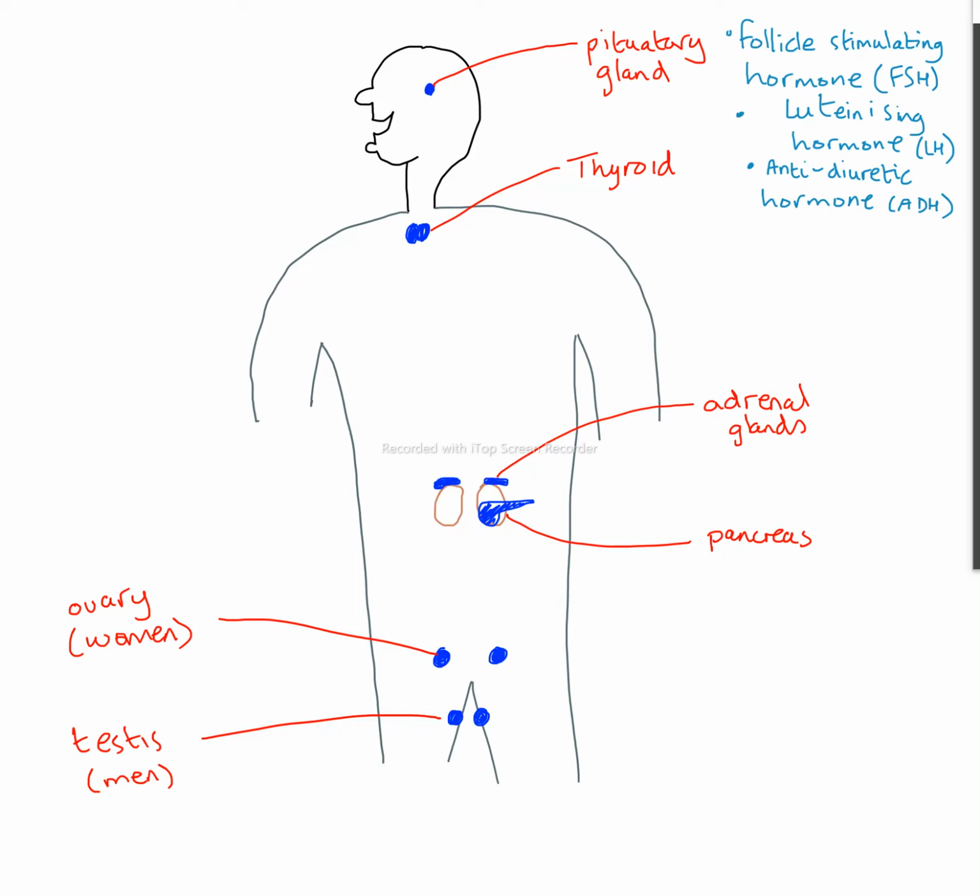Right, thyroid. Thyroid releases something called thyroxine. Adrenal glands release something called adrenaline. Let's write that here.